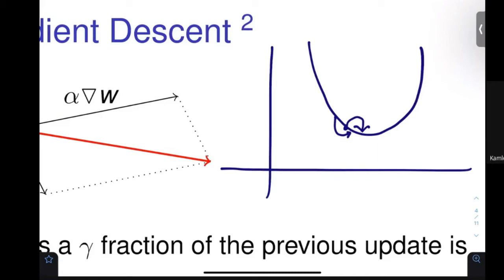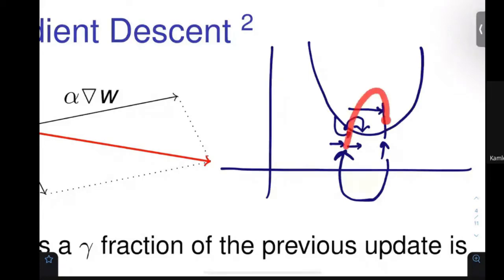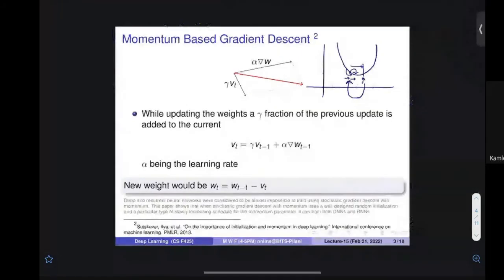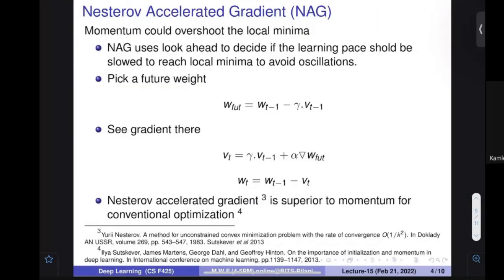Based on these two things, instead of using this much change, part of the change is coming from the previous one, so ultimately you end up changing this much. So it may be possible that you reach this particular point. If you again find out what my change is there, it would bring you this side, and then again from here to here, so oscillation can happen. Mohit is telling a perfectly correct thing.